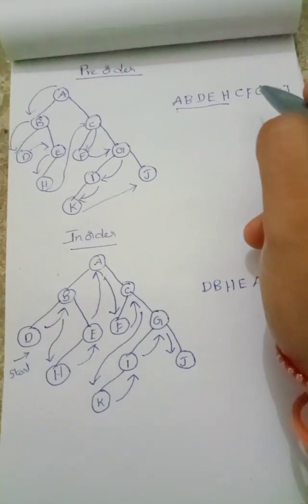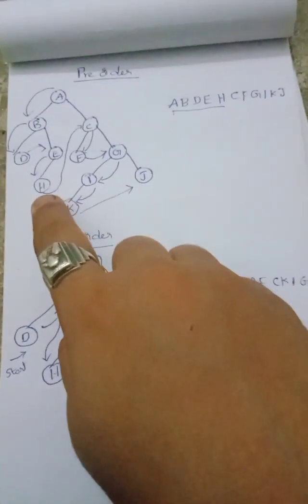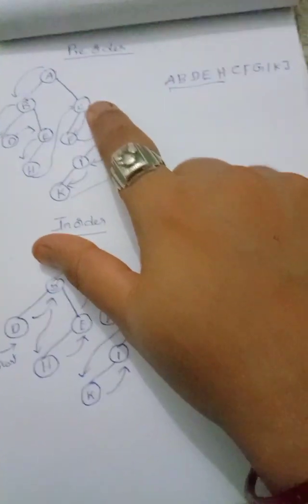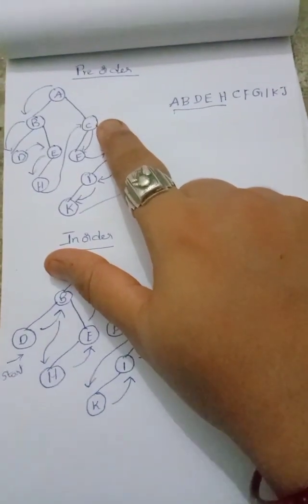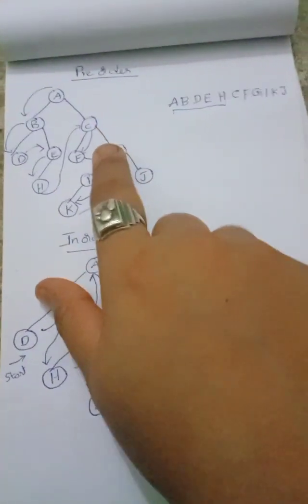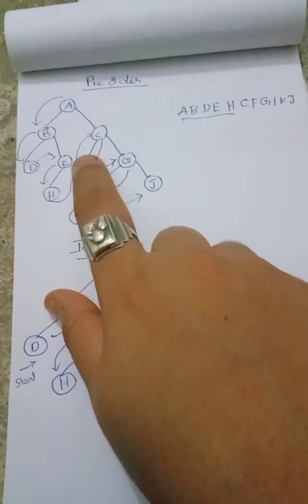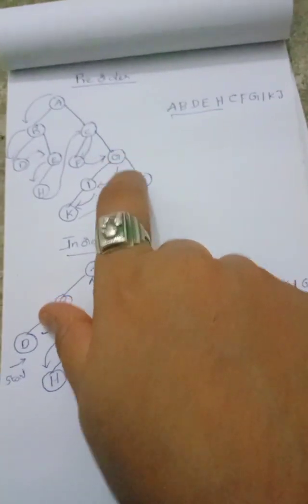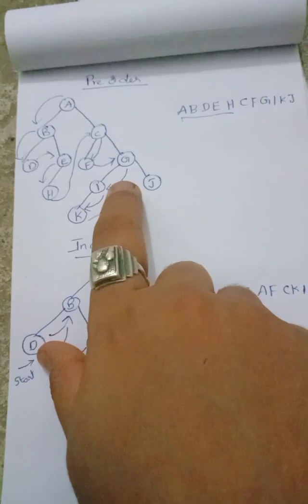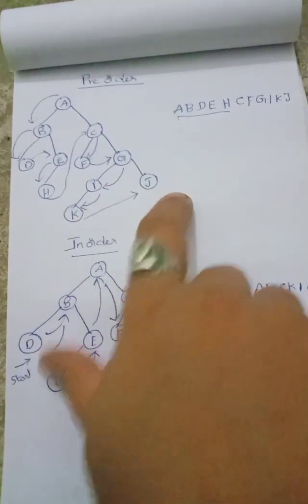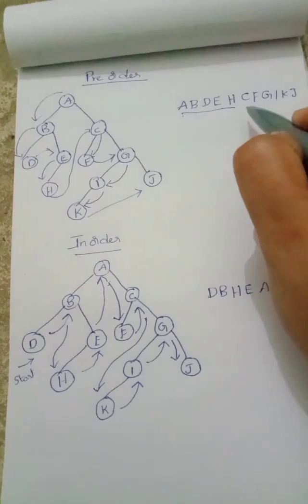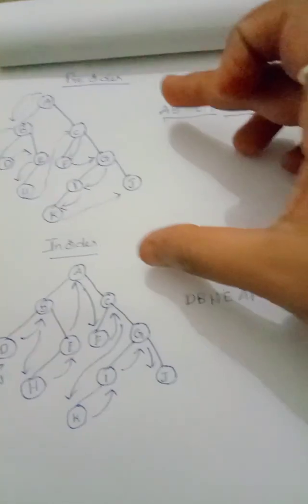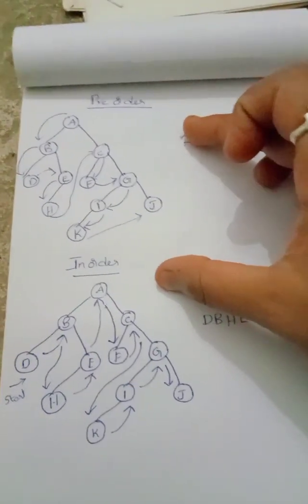Now see here, after the H node we go to the another parent node, that is C. After that we go to the F. After that we go to the G. After that I. After that K. After that J. Have you understood? In this way we represent the traversing tree.